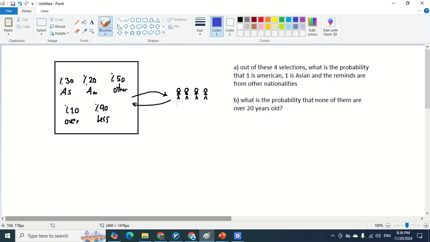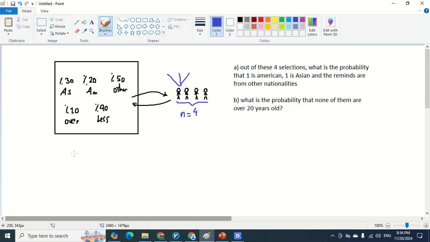Over here we have 4 trials. The number of trials that we have is 4, and for each of these 4 trials we have 3 cases: to be American, to be Asian, or to be from another nationality.